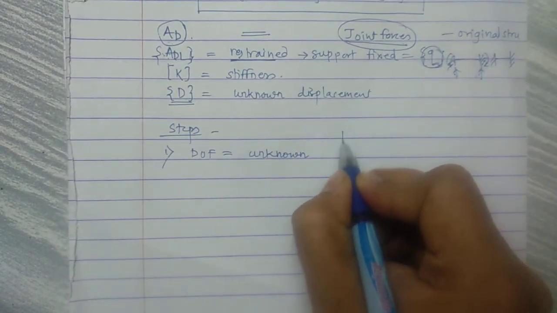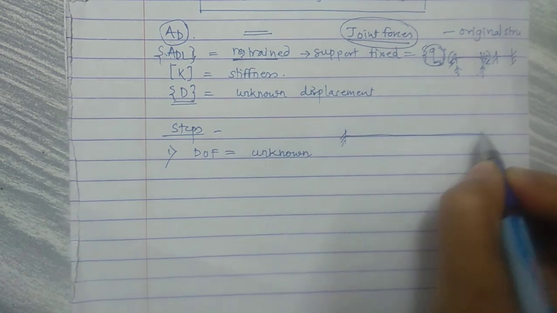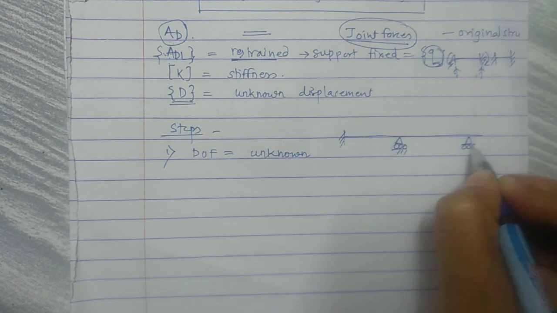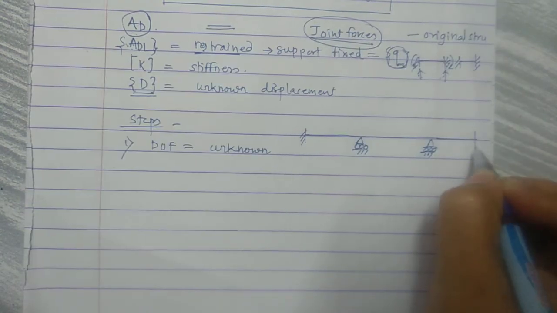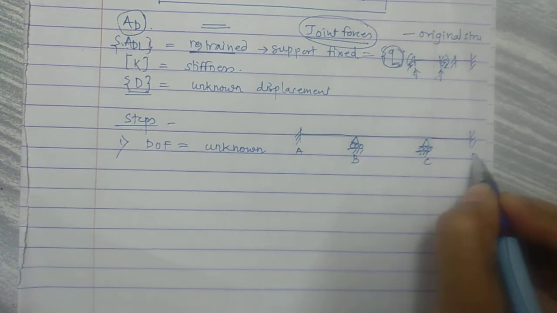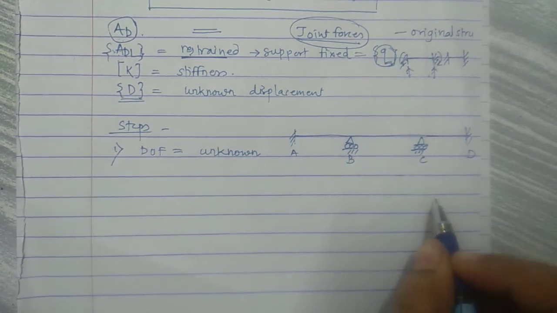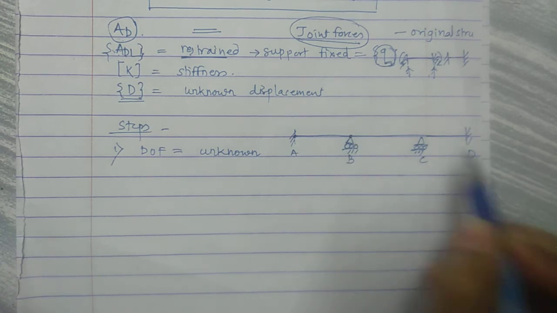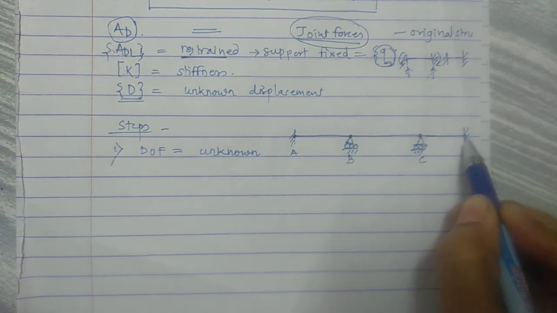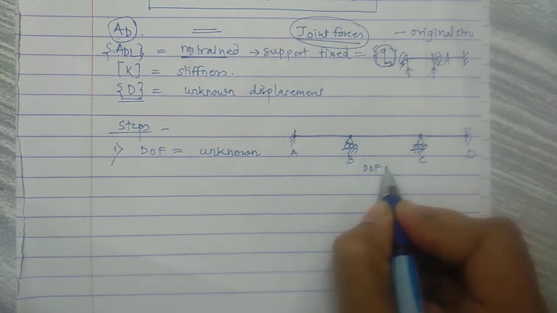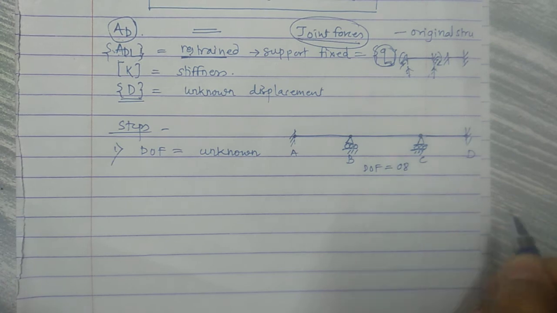Suppose, for example, this type of example, whatever the type of loading, with supports A, B, C and D. In the member approach we take 2 degrees of freedom at joint A, 2 at B, 2 at C, and 2 at D. Total 4 nodes, therefore the total degrees of freedom equal 8.